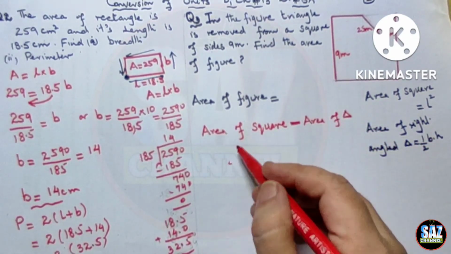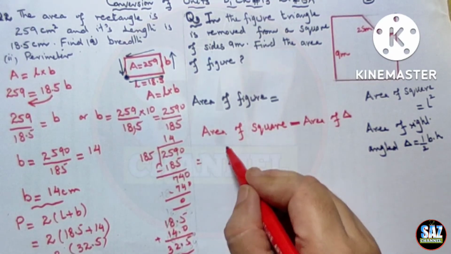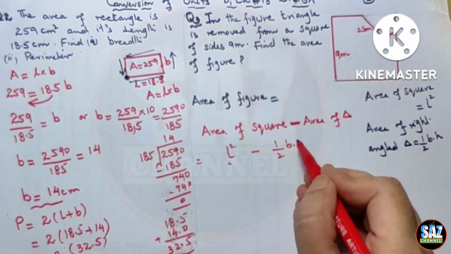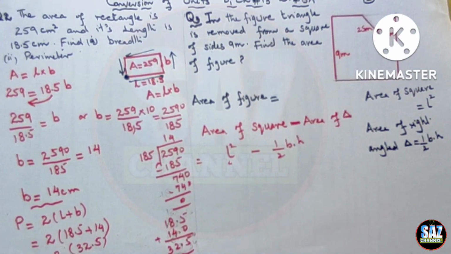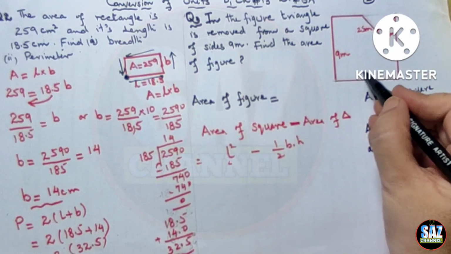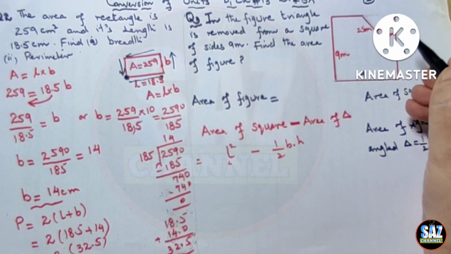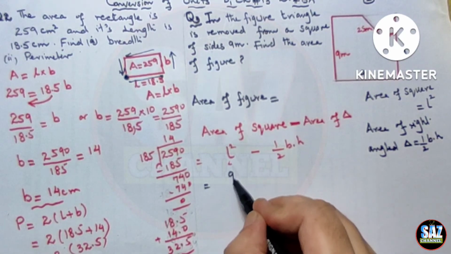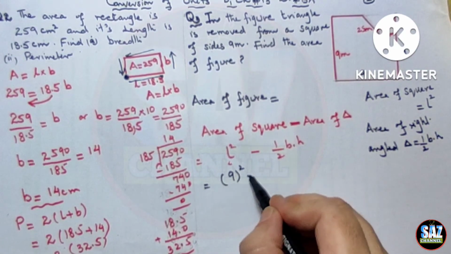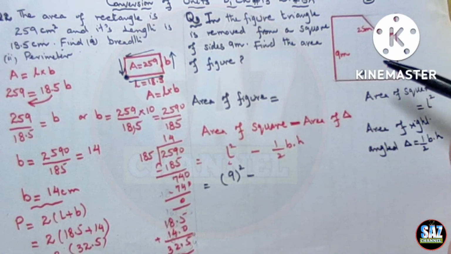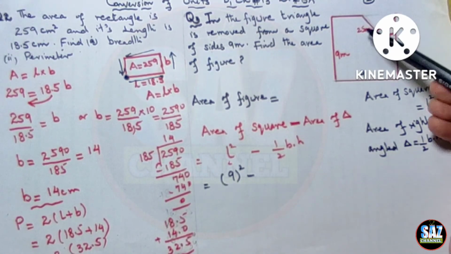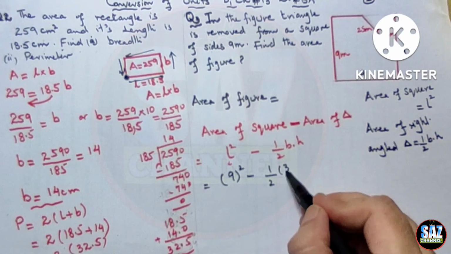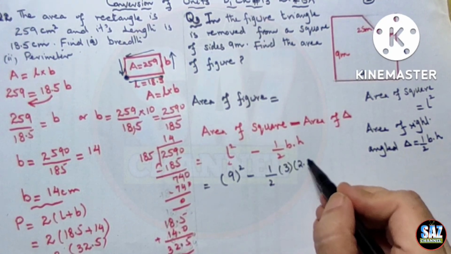And now we have to support our working with the formula: L square minus half into base into height. Now the length of the square is 9 from each side, and this will become 9 square minus half into base into height, half into 3 into 2.5.